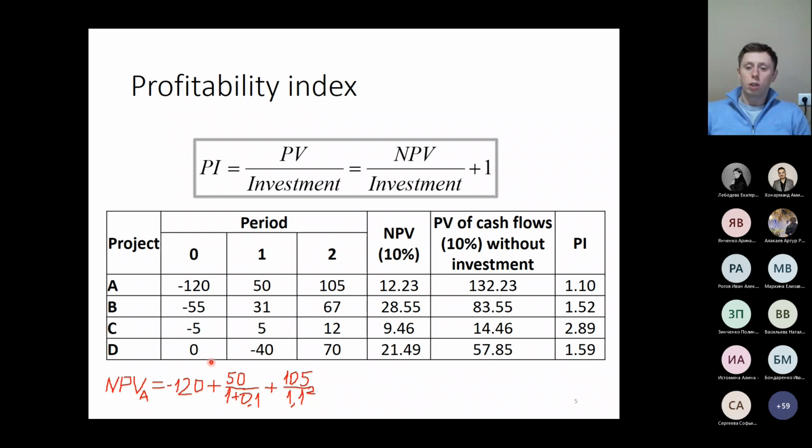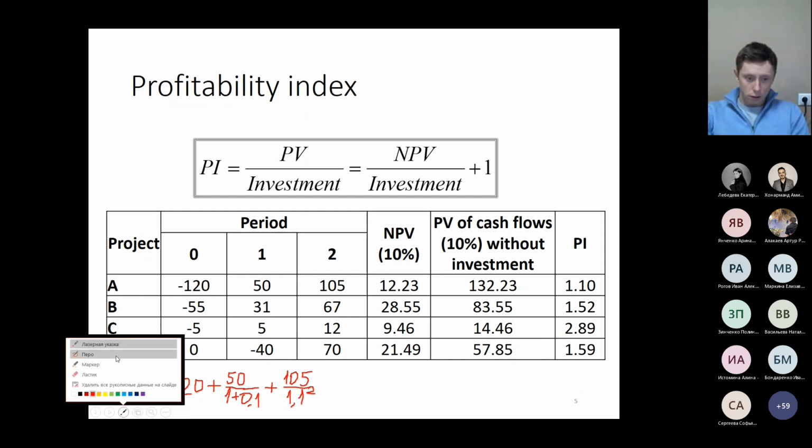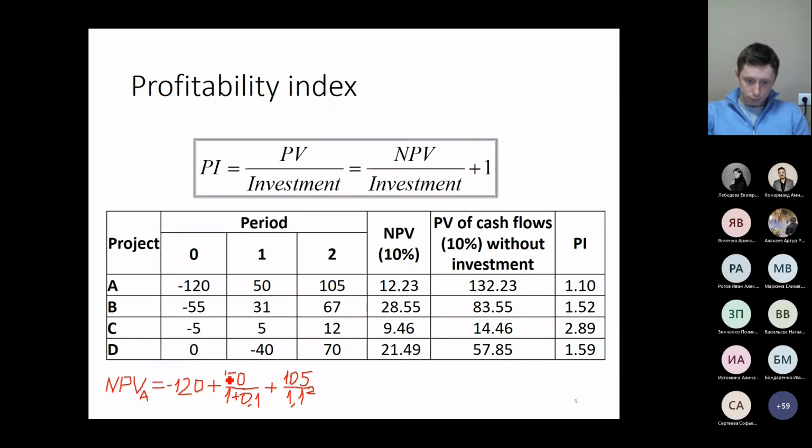Yeah, sure. This is all incoming cash flows we have. So if we would keep only the second part, so only something we receive without something we paid. Okay, understood. Thank you very much. This is only incoming profit, this part. This would be PV.